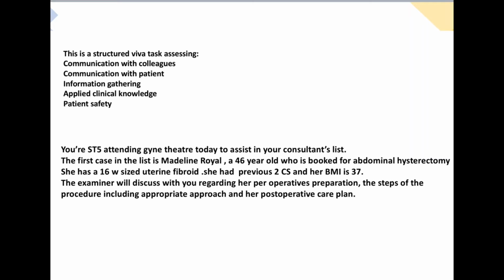If she has had a recent low molecular weight heparin dose, we need to postpone her surgery until she completes 24 hours, and after that we need to bridge her again. So if she's on therapeutic Clexane, or low molecular weight heparin, we need to do the surgery only after 24 hours.